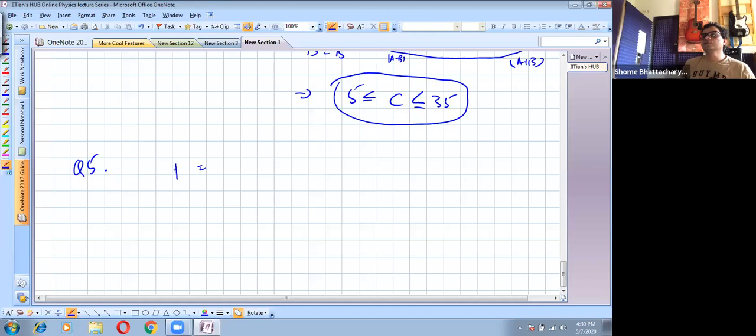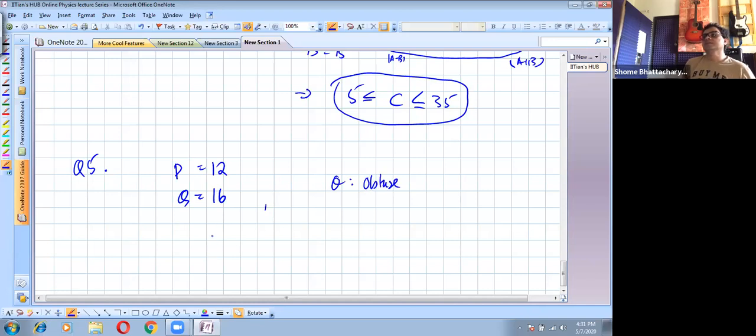So the magnitude of the vector P is 12. The magnitude of the vector Q is 16. And it says that the angle is obtuse, theta is obtuse.